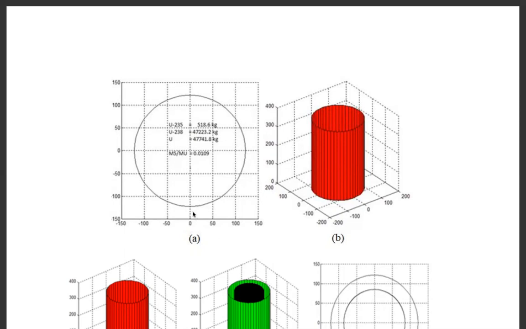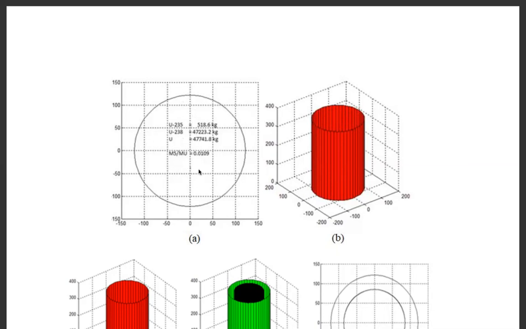If you run a full simulation for a one group homogeneous reactor, then I get an enrichment of 1.09%, and it has 518.6 kilograms of U235 and 47,223.2 kilograms of U235 in water.